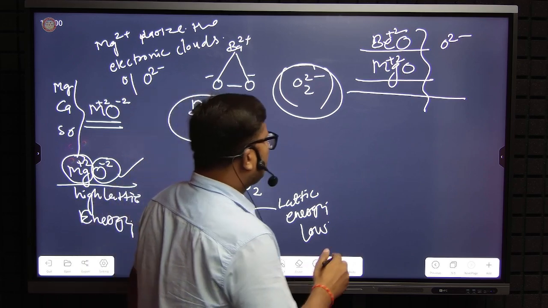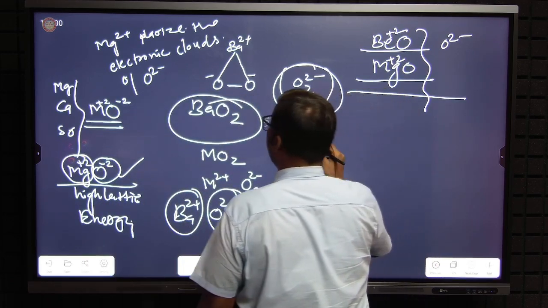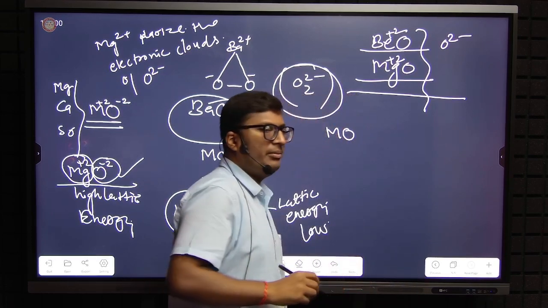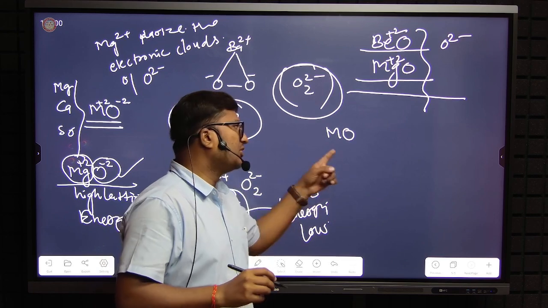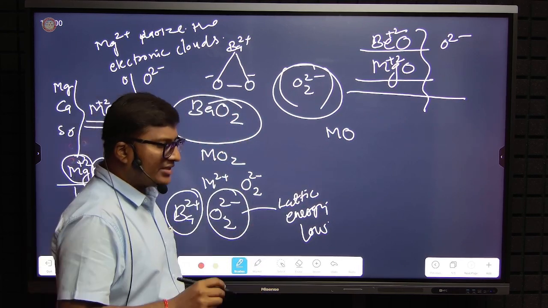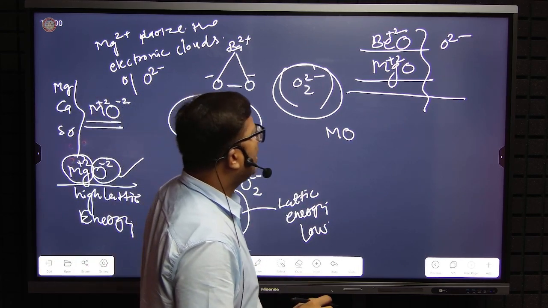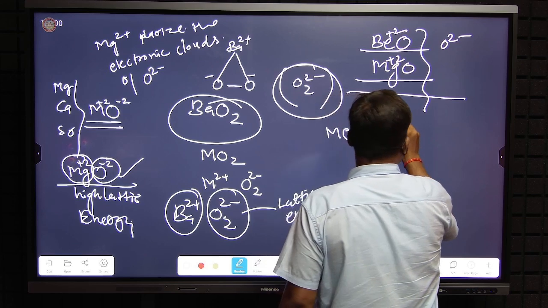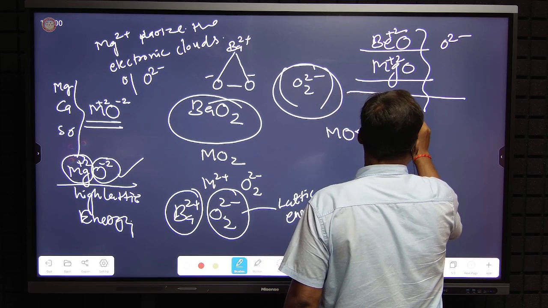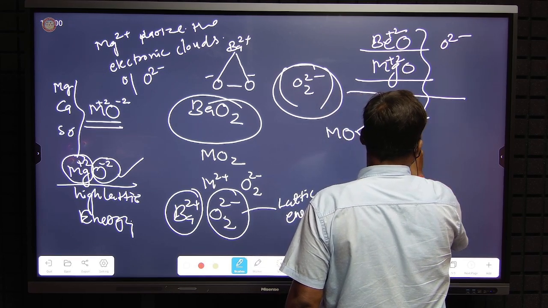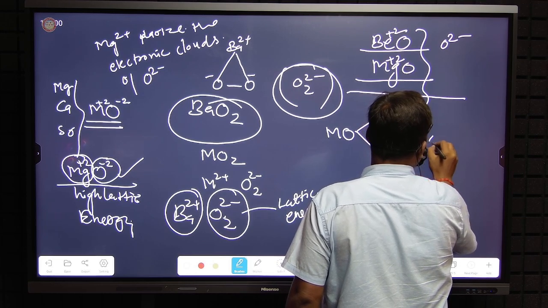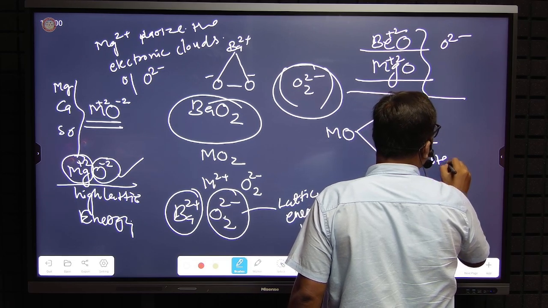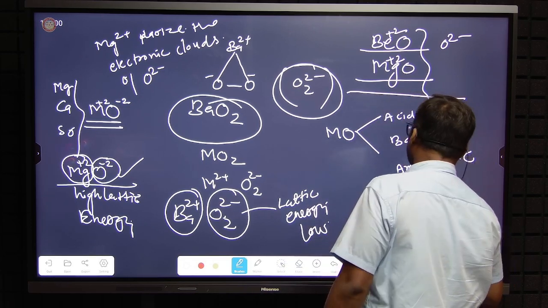Now, suppose we have a metal oxide, MO. This metal oxide is either acidic, basic, or amphoteric.